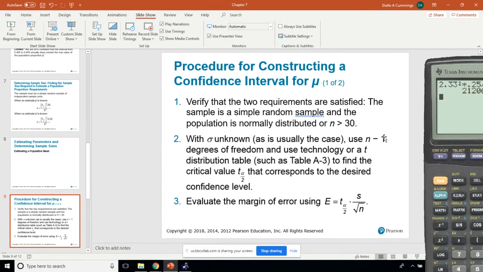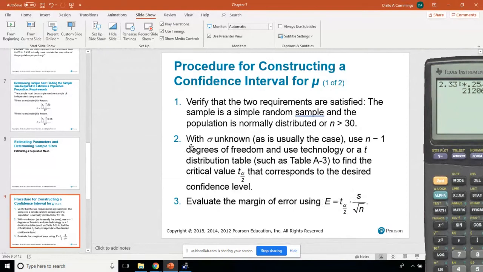We use n minus 1 degrees of freedom when we calculate a t-statistic. Once we calculate the t-statistic, we can find the margin of error. So here again, that E is a margin of error, and now it has a formula: t alpha over 2 times the sample standard deviation divided by the square root of n.